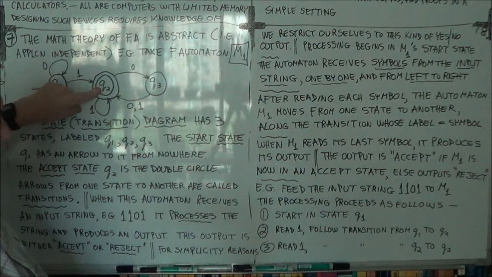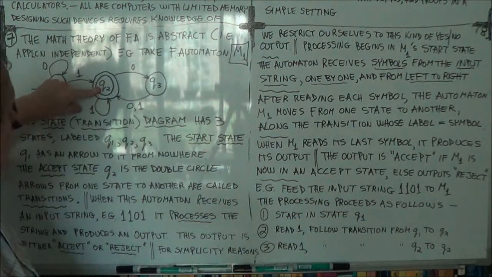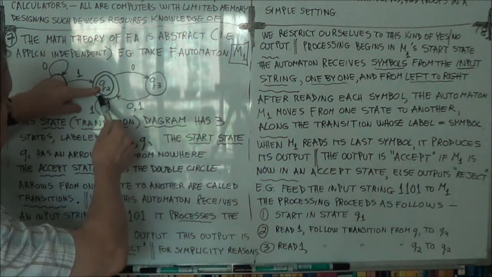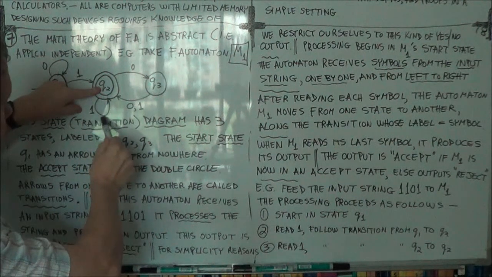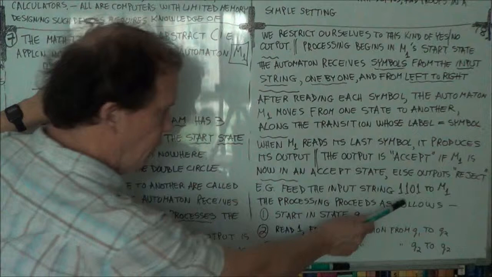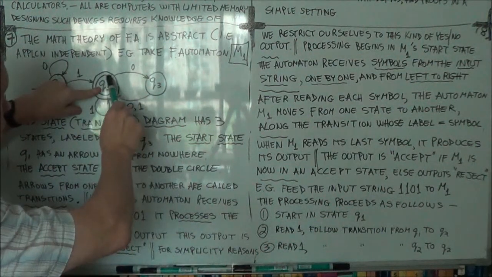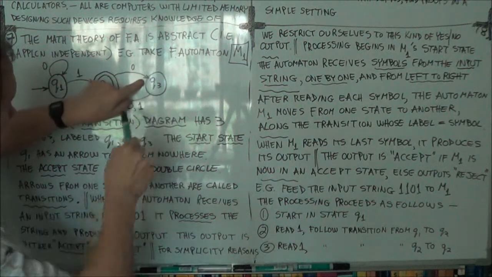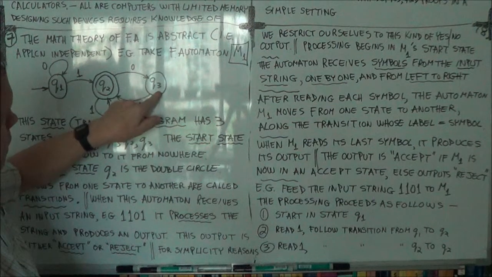Now we look at the second symbol in the string, and that's a 1. We follow this transition because it's labeled 1, and we go back to Q2. So that had no effect, we're still in Q2. Now we look at the third symbol in the string, and it's a 0, so we follow this transition, and that puts us into state Q3.